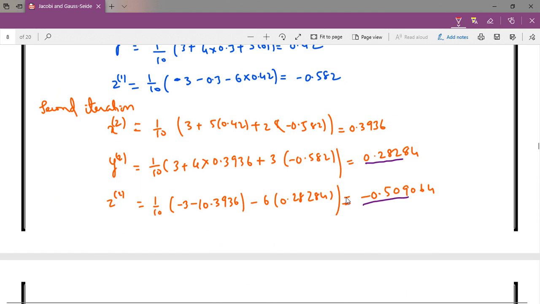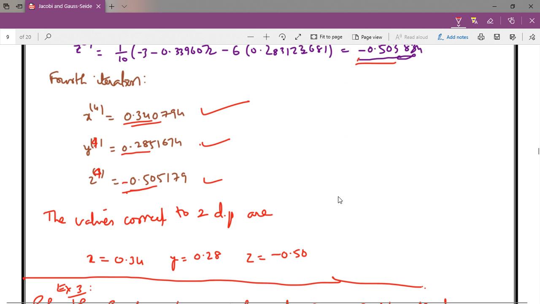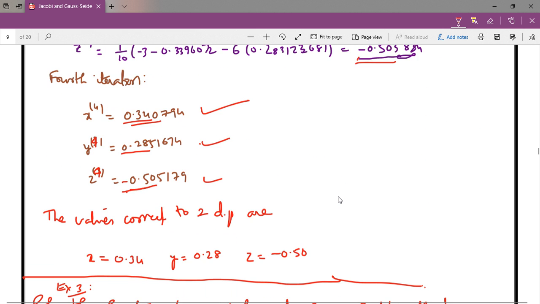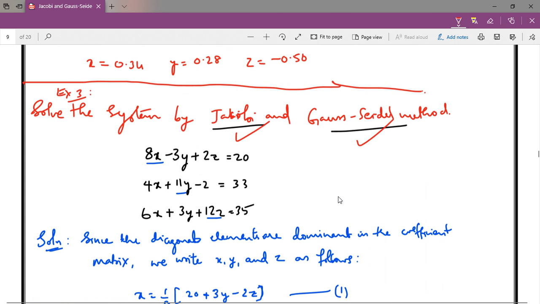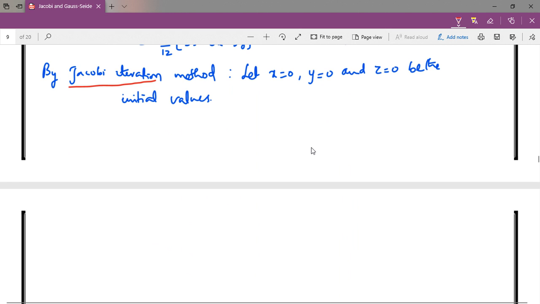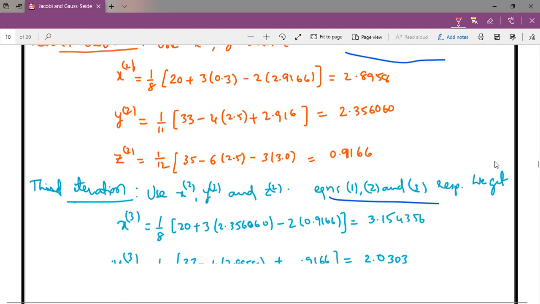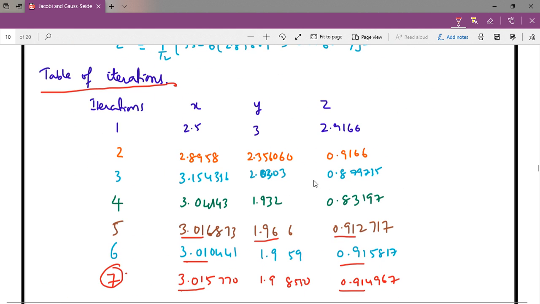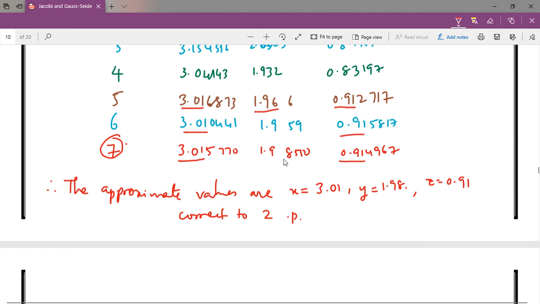We solved the same problem by the Gauss-Seidel method also, and obtained a root converged at the fourth iteration itself, correct to 2 decimal places. We also saw example 3 by both the Jacobi and Gauss-Seidel methods.